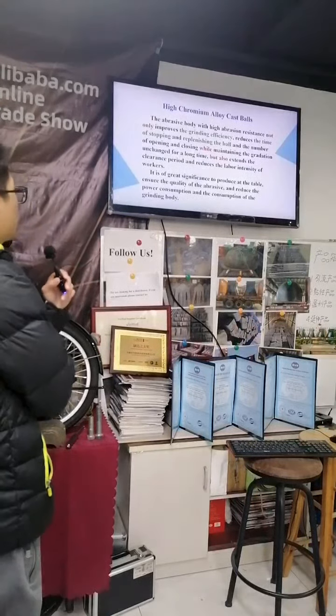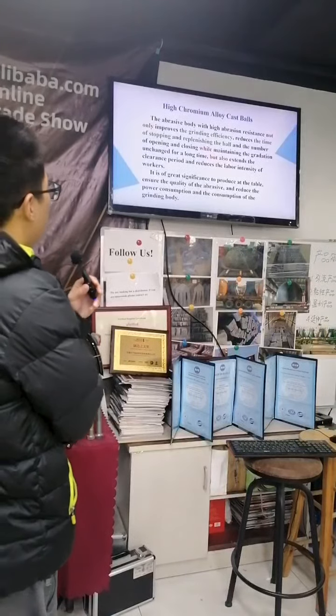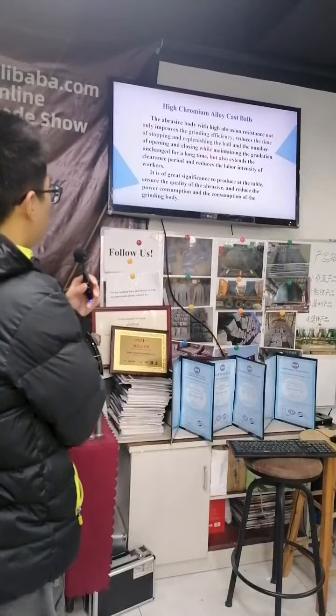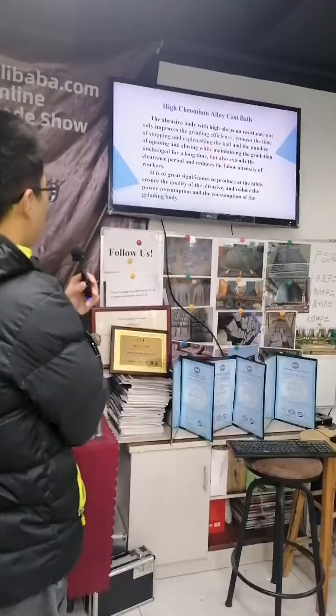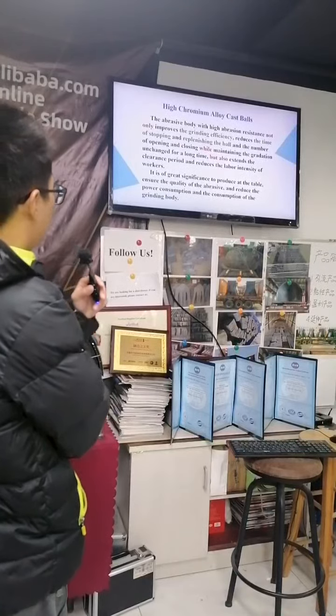It is of great significance to produce stably, ensure the quality of the product, and reduce the power consumption and the consumption of the grinding body.